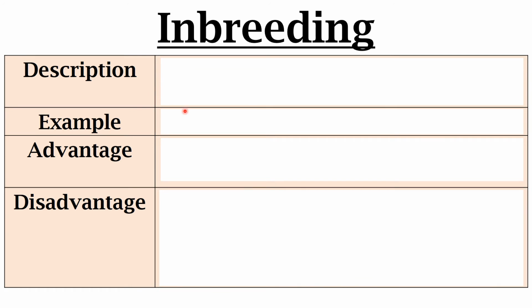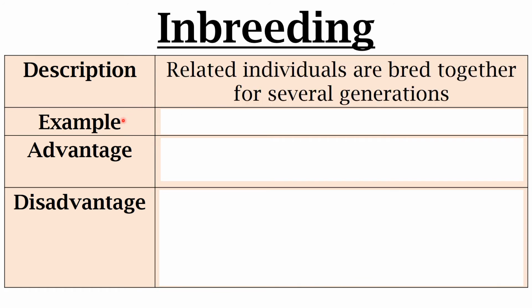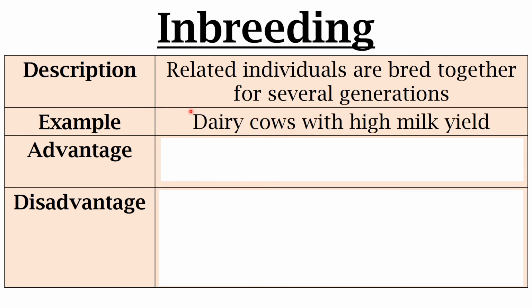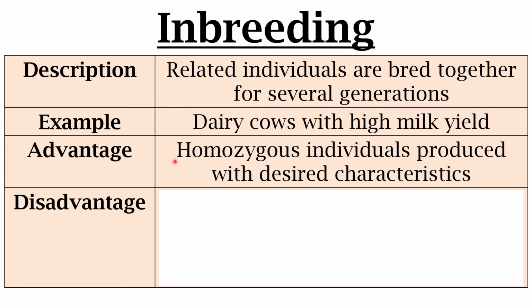So what you should have, just a definition of inbreeding, something along these lines. Inbreeding is when related individuals are bred together for several generations. An example would be dairy cows with high milk yield. The advantage is that you end up with homozygous individuals and they have the desired characteristics.